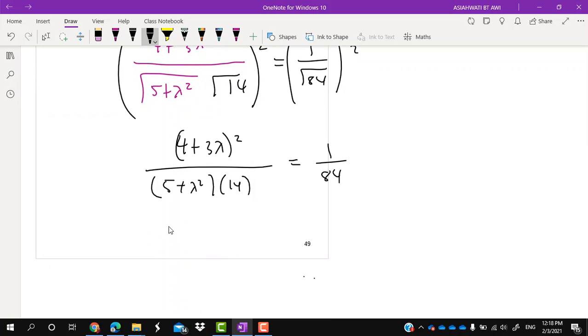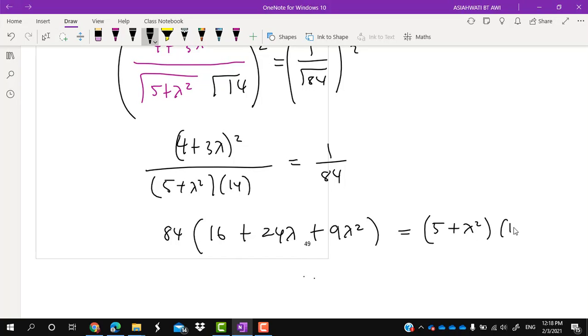Simplify. 84 times, expand, 16 plus 24 lambda plus 9 lambda squared is equal to, bring up, 5 times lambda squared times 14. Then expand until you get 53 lambda squared plus 144 lambda plus 91 is equal to 0. I skipped the expansion in between.